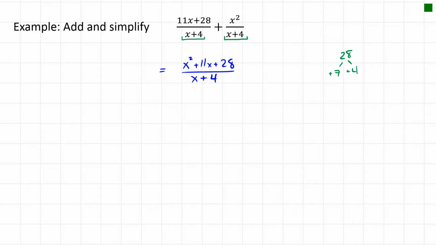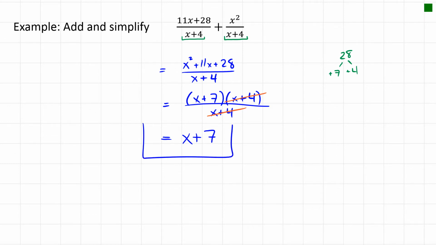So I can factor this expression into x plus 7 times x plus 4 on the top, and we still have x plus 4 on the bottom. And then we can see that there's a canceling that happens. The x plus 4's cancel, and so my actual simplified expression is just x plus 7. So adding those two rational expressions simplified into something quite nice.